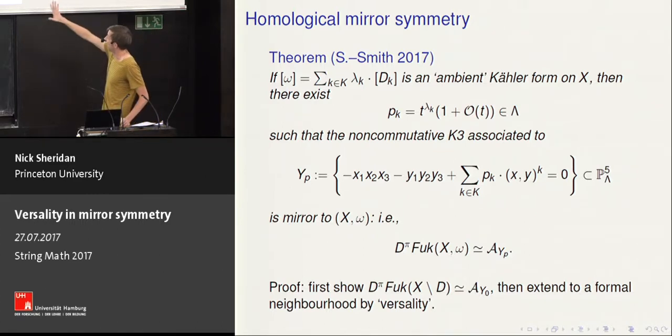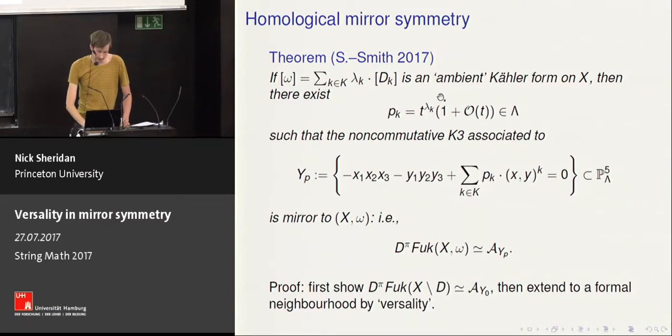That allows us to define a cubic fourfold which has leading term in its defining equation minus x1, x2, x3 minus y1, y2, y3. And then we add on one multiple of each of these monomials that we defined corresponding to the divisors, with the corresponding coefficient pk. So that defines a cubic fourfold in projective space over this Novikov field.